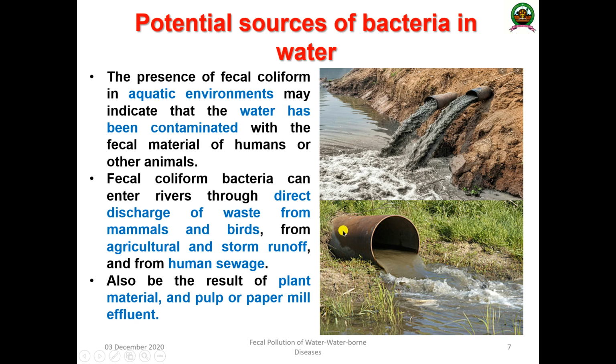A lot of waste water is being generated, and all this water contains a lot of fecal coliform. How does this water come to have a lot of fecal coliform? Because the waste has a lot of nutrient content. The waste material has a lot of protein, carbohydrate, and other such nutrient material. Those nutrients are the best source of food for bacteria, which is why these bacteria grow there easily. So that is the potential source of bacteria.